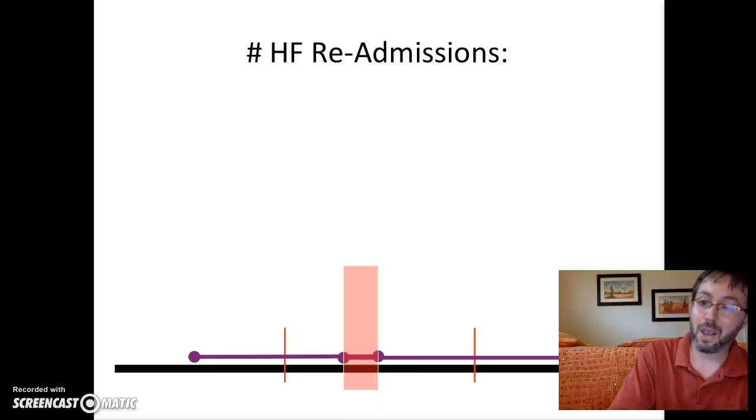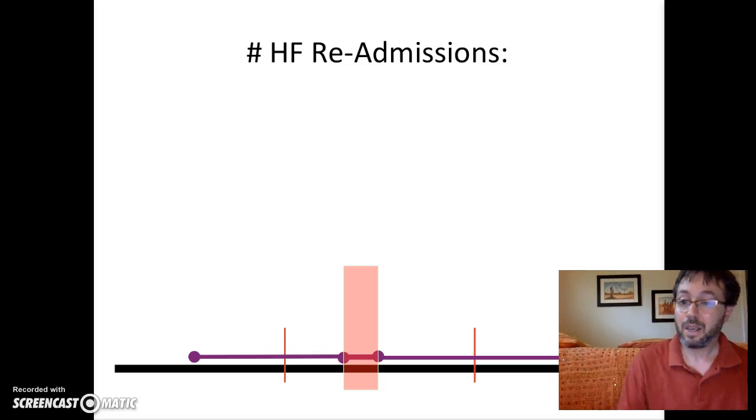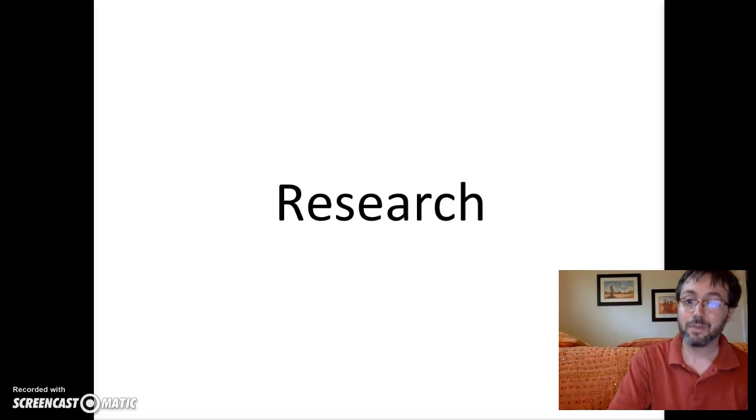And how does that compare when the confidence intervals do overlap? Now, in our example, the confidence intervals didn't overlap. So it suggests that there's a statistically significant difference between Wyoming and New Jersey when we think about the total number of heart failure readmissions. But if these confidence intervals were to overlap, it means that we're not able to statistically conclude that these two groups are different.